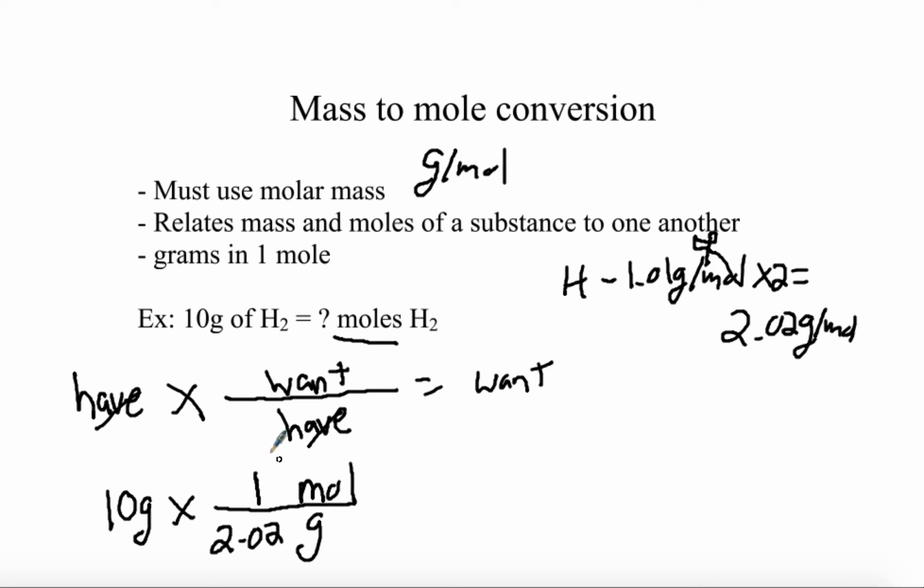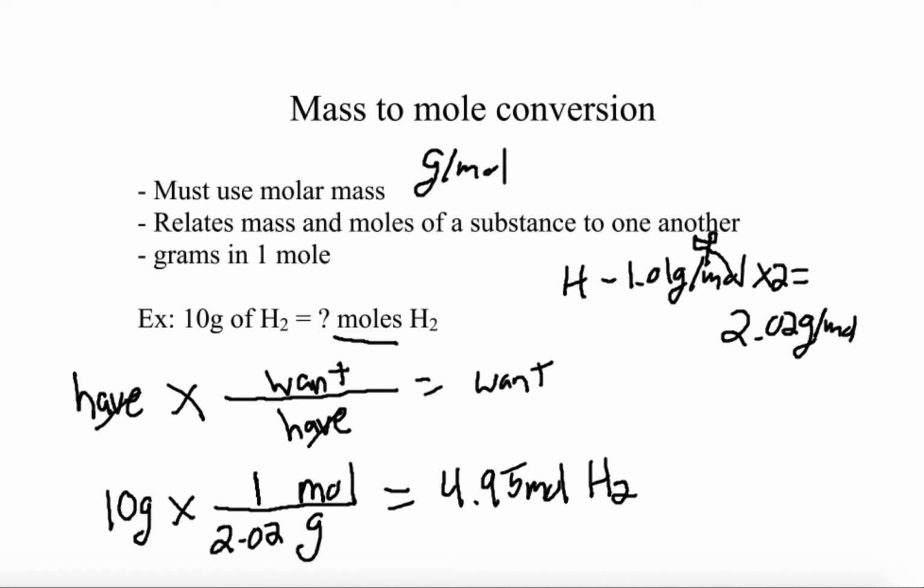So this is where I'm filling in the numbers. The molar mass is going to be my fraction here. So 2.02 grams on the bottom because we are starting with grams, and 1 mole on the top that we want to finish with. So we get 10 times 1 divided by 2.02, and that gives us 4.95 moles. Moles of what? Well, moles of hydrogen.